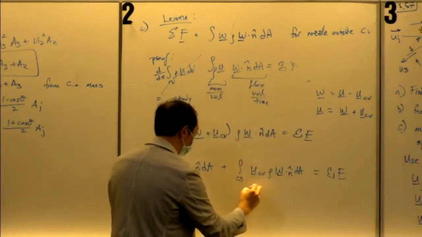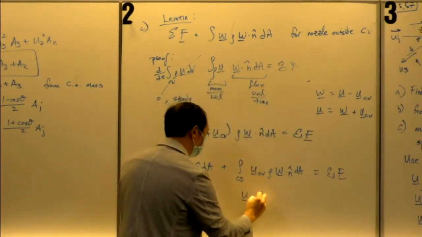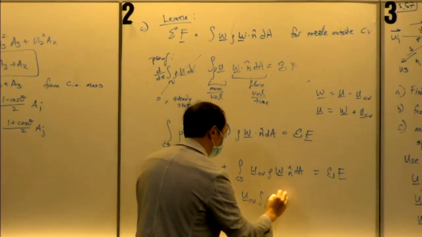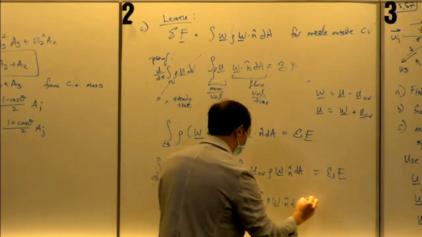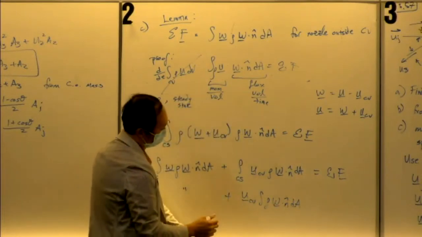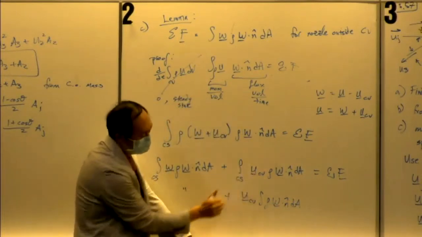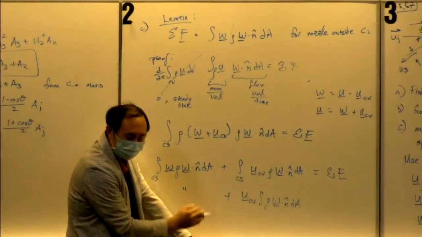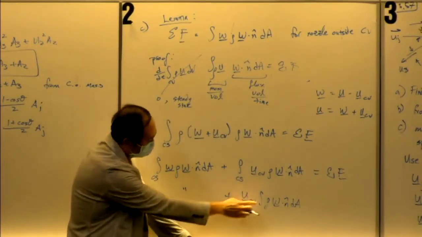You can write this term as UCV rho W dot N dA, because UCV doesn't depend on any of the inlets and outlets or the relative velocity, so we can pull it out.